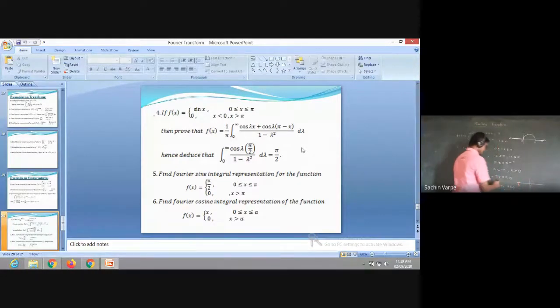In minus pi to 0, this is minus of sine x, that means like this. And for x less than minus pi, the function will be 0, and for x greater than 0, the function will be 0.